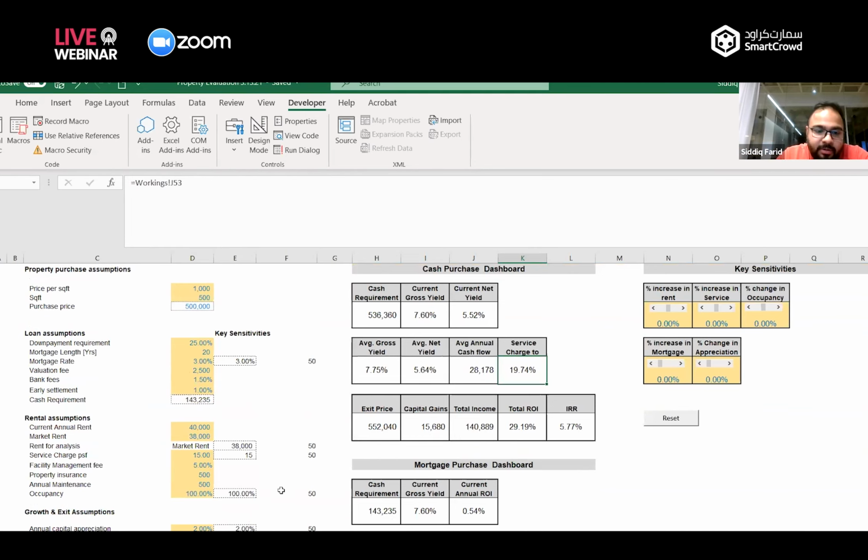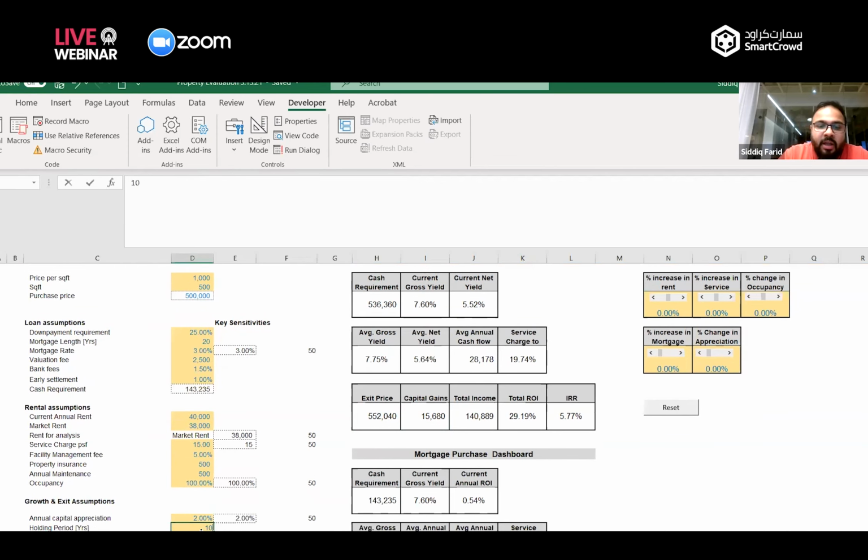And then based on your assumptions of appreciation, in 5 years, assuming the price grows 2% every year, this will be your exit price. Your capital gains won't be a lot because you've held the property for 5 years only. But if you held the property for 10 years and it grew 2% every year, then obviously the price will be much higher. Your capital gains will be much higher.